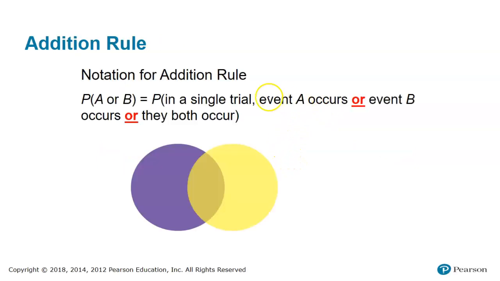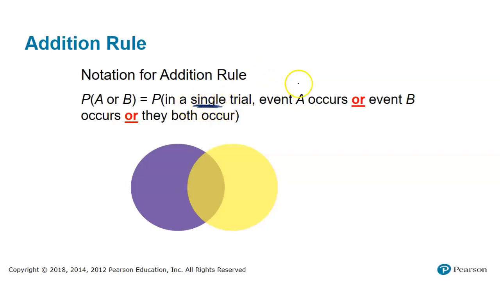Okay, so the notation for this addition rule, we've got the probability of A or B. So basically what that's saying is in a single trial, and this is really important because when we start looking at problems that are mixed up and we're trying to decide if it's going to be the addition rule or the multiplication rule, if you're making a single selection, then it's more than likely going to be the addition rule, and that's because you're talking about a single trial.